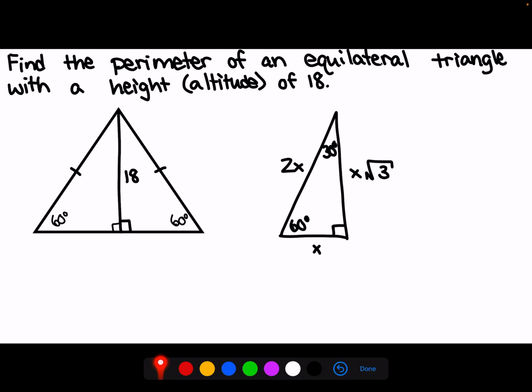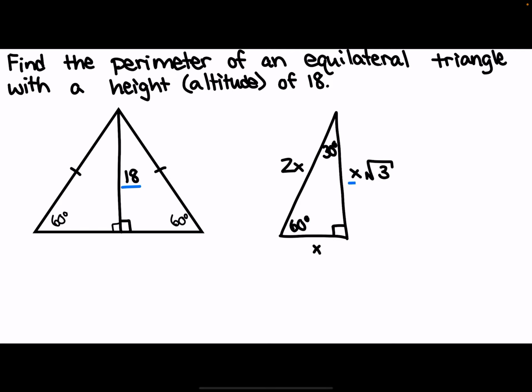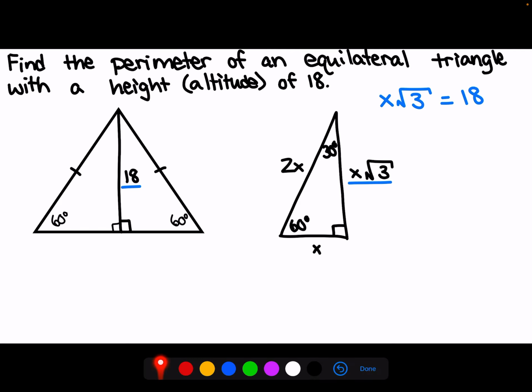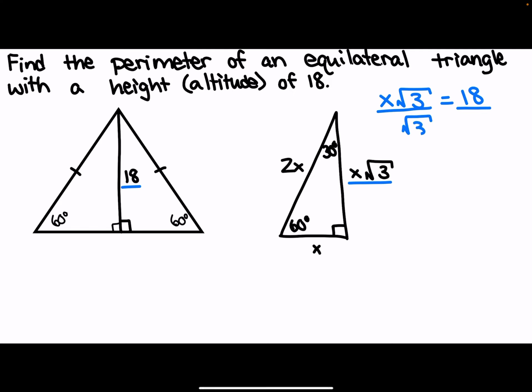Looking at this, the only side length I have is 18. 18 is opposite 60 degrees. The side opposite 60 degrees in my corresponding triangle is x radical 3. Therefore, 18 equals x rad 3. From here, I can solve for x, and that will give me the bottom portion of my triangle. Solving for x, I divide both sides by radical 3, and we'll be left with x is equal to 18 over rad 3.